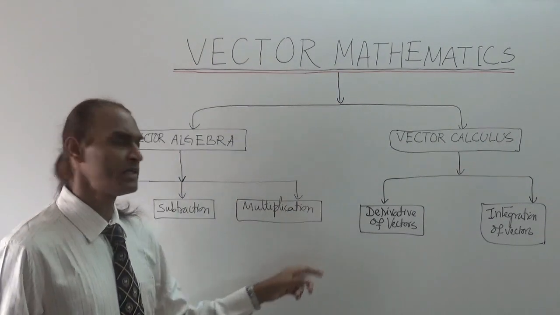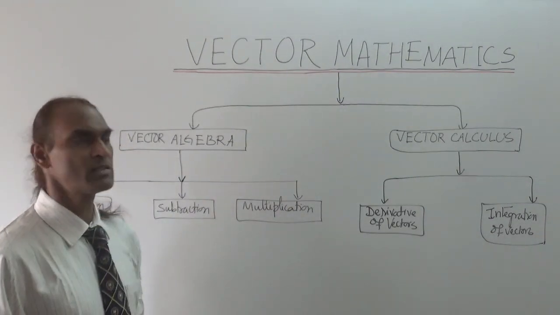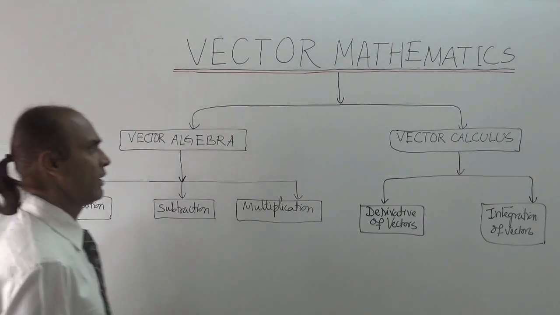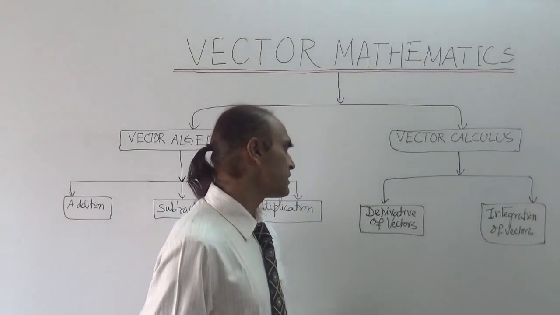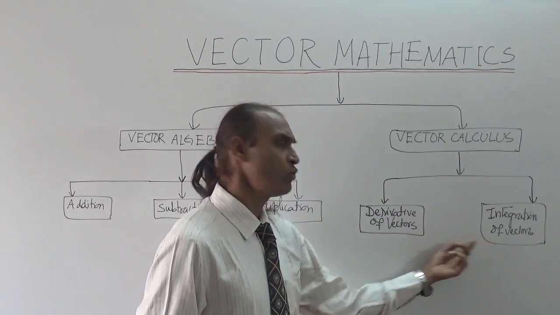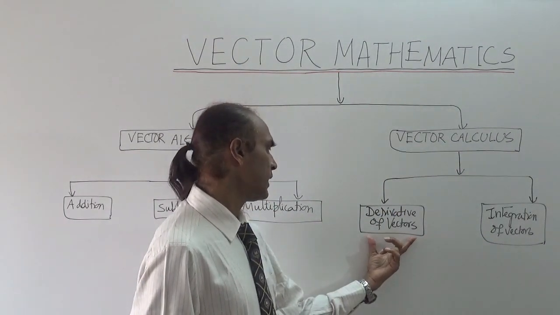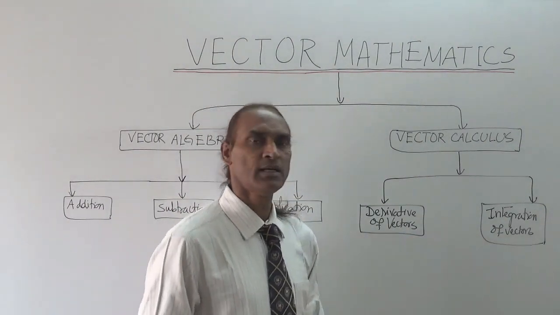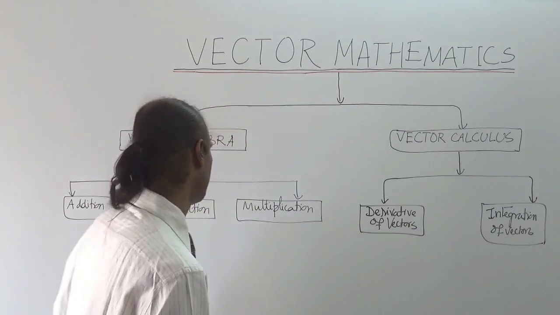But we don't have the division of vectors, so it doesn't make any sense. And vector calculus has two divisions. One is the derivative of a vector and the second is the integration of a vector.